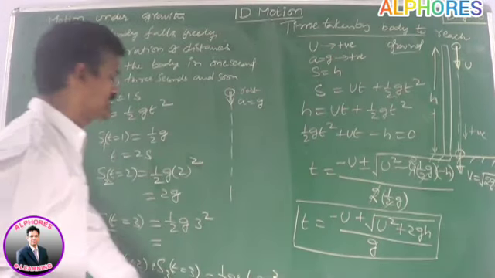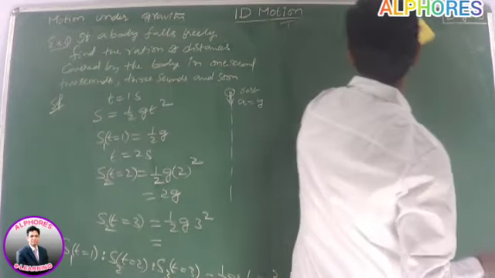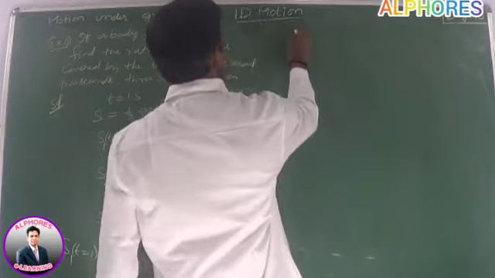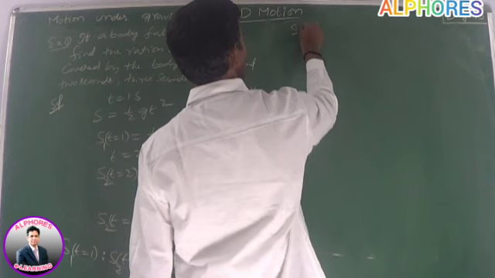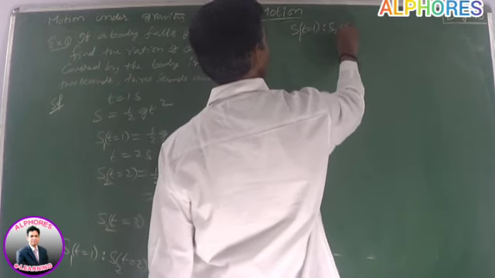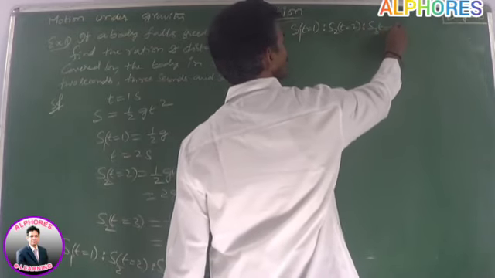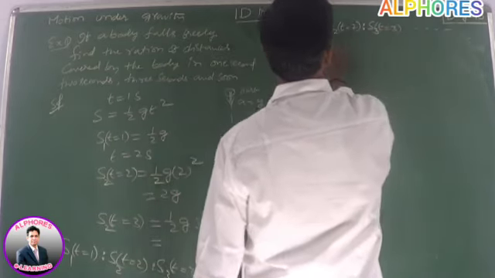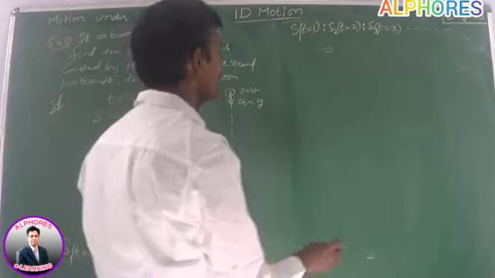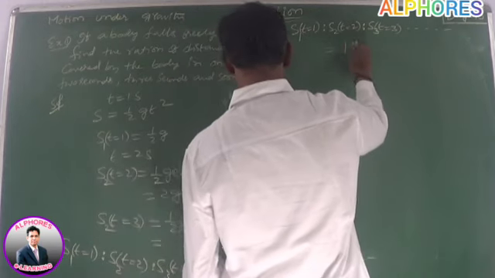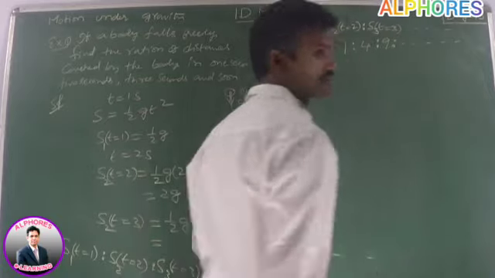So S1 at t equal to 1 second is to S2 at t equal to 2 seconds is to S3 at t equal to 3 seconds, and so on. The half g gets cancelled in each term. Then you will get 1 is to 4 is to 9, and so on.